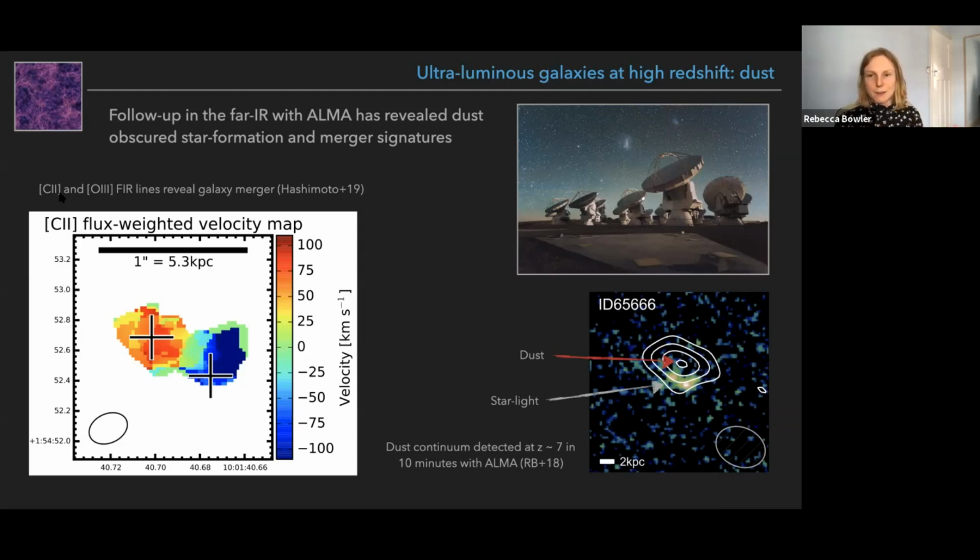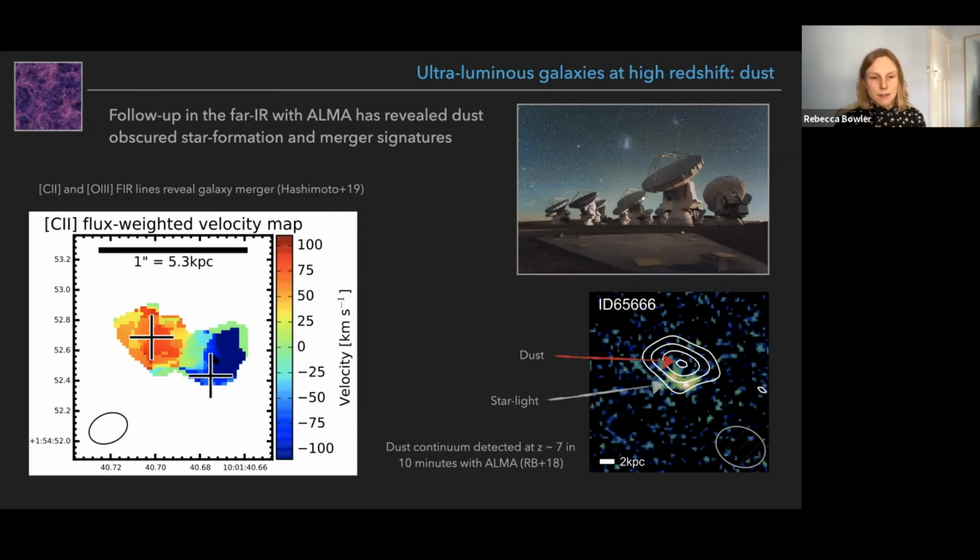It's from the gas, but the gas is ionized by the stars, so it gives you an idea of what the velocity field of the stars is. This particular paper was actually of the same galaxy on the right here. The two clumps there correspond to these two clumps here in the C2. They use this as evidence that this is actually a merger, because you see two different velocity clumps rather than a disk.